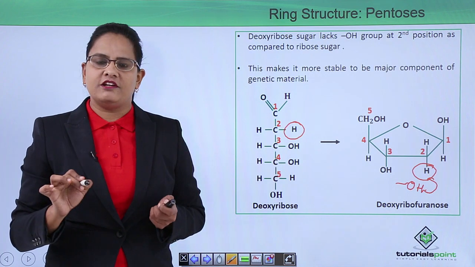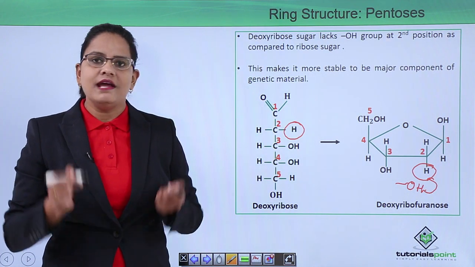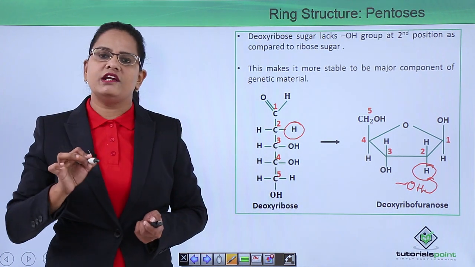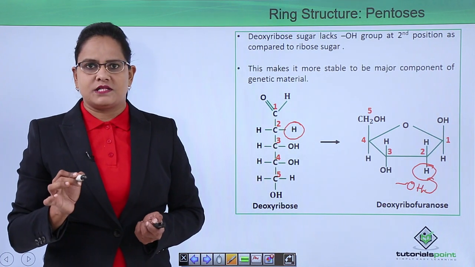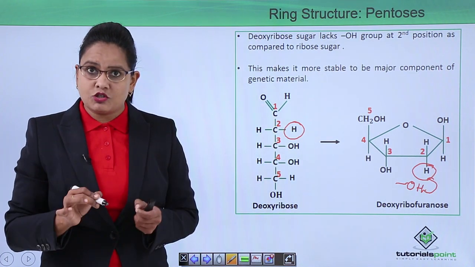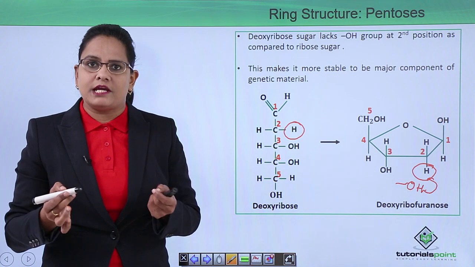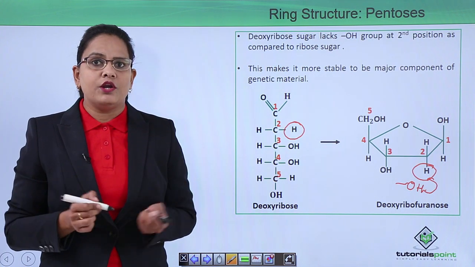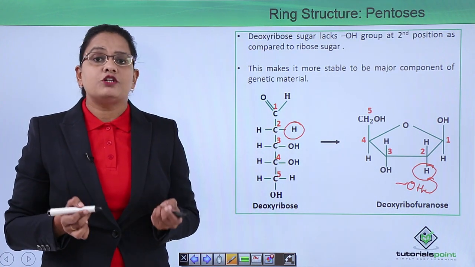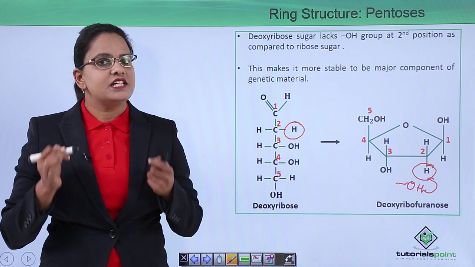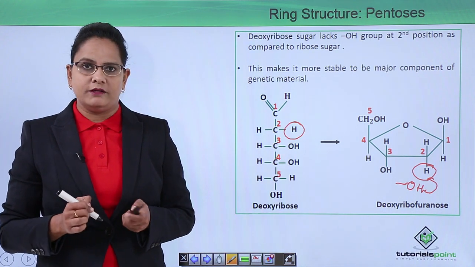This is the only difference. The furanose ring is there, everything is just the same. Only difference is that OH group is absent. And because of the absence of this OH group, it becomes more stable, and as a result, we all know that it is a component of DNA, that is the genetic material inside our body.